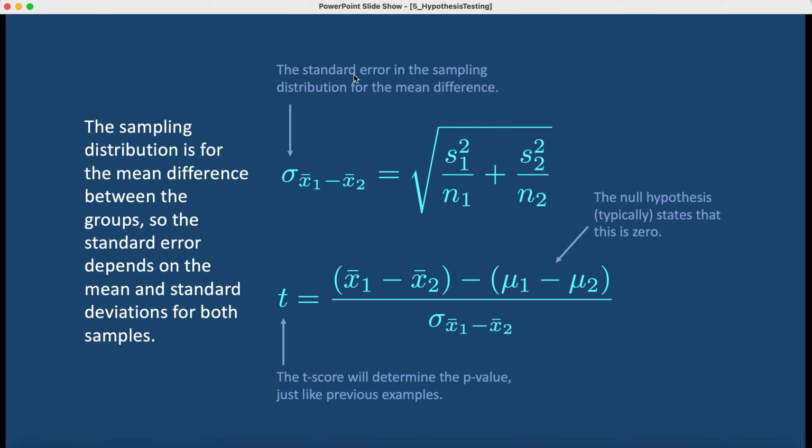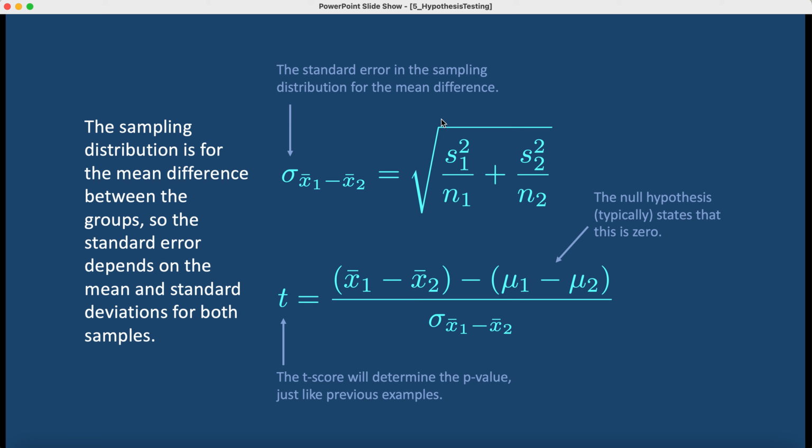And so what we need is the standard error in the sampling distribution for the difference in the means. And to calculate this, we use the formula here. So this is the standard error. Sigma always is going to represent standard error about that mean difference.